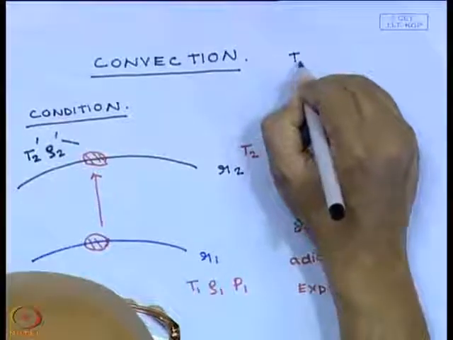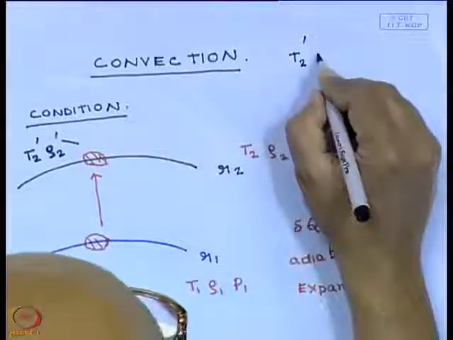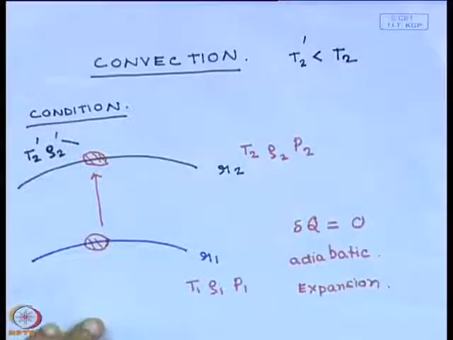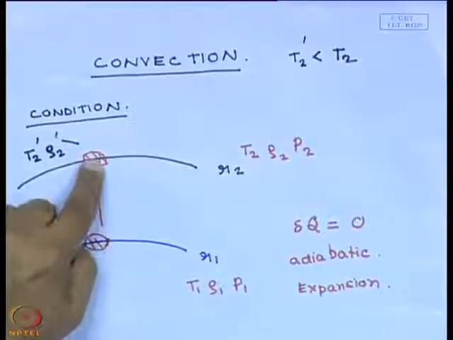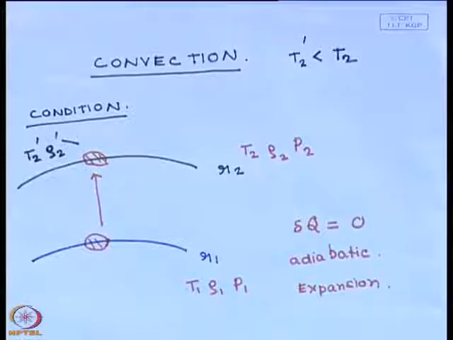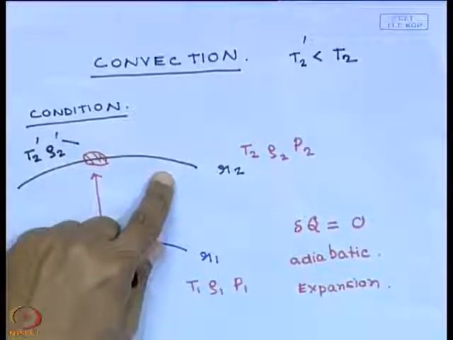If T2 prime is less than T2, so if the bubble when it moves here is cooler than the surrounding, the density here is going to be more than the surrounding density.